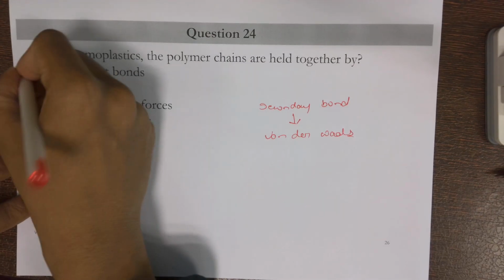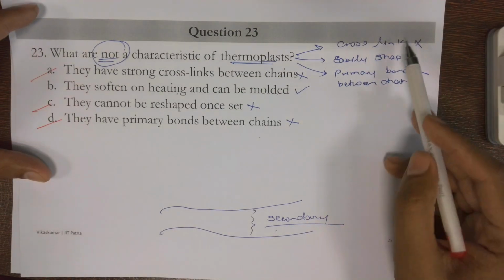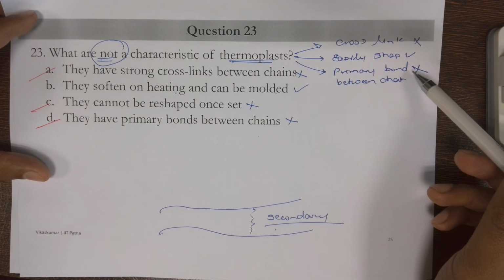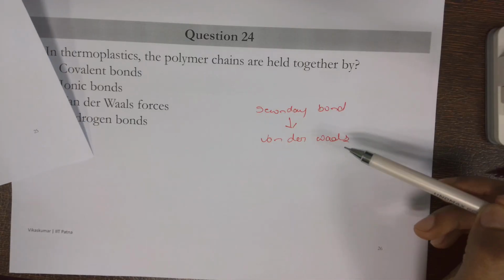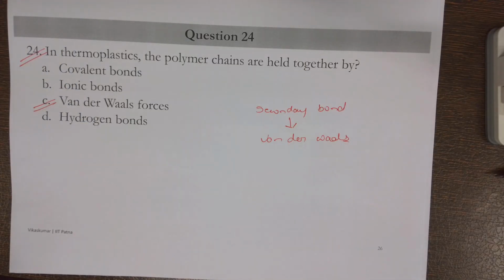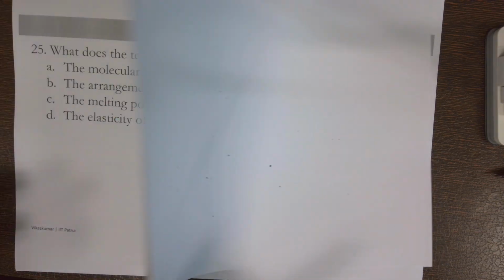So C is the right answer over here. We got to know a lot of things: cross-linking is not there, they can easily be softened, the primary bonds are not there, only secondary bonds. And one more important thing, it can easily be softened. C is the right answer. Let's move to the next question, question number 25.